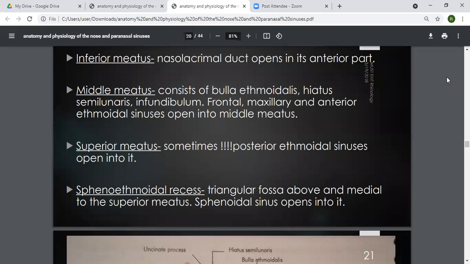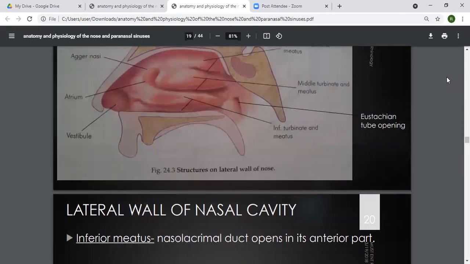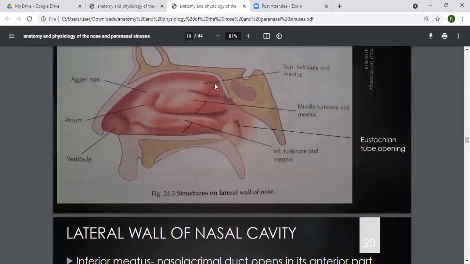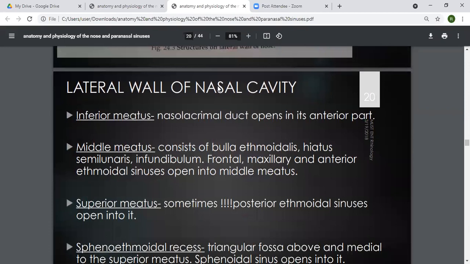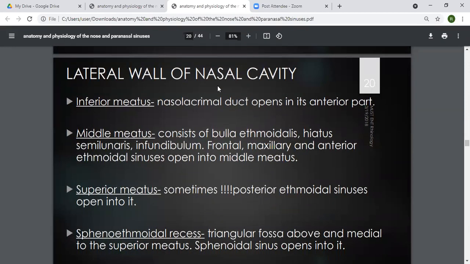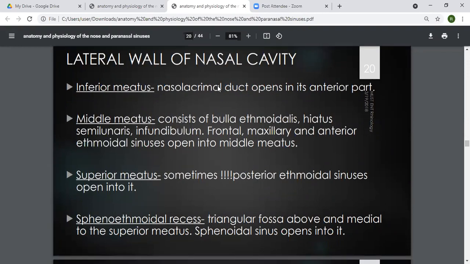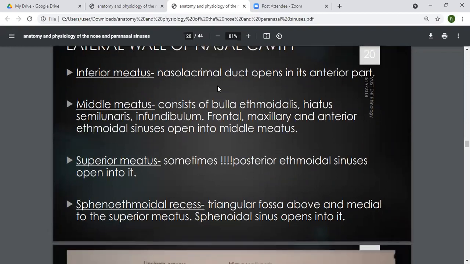If we go back to our picture, it should be around here. This is where we have the sphenoethmoidal recess, and that is where the sphenoid sinus opens, and many a time the posterior ethmoidal sinus also opens into the sphenoethmoidal recess.